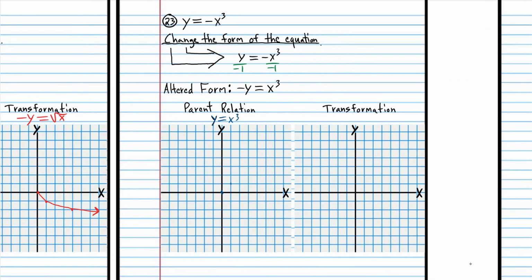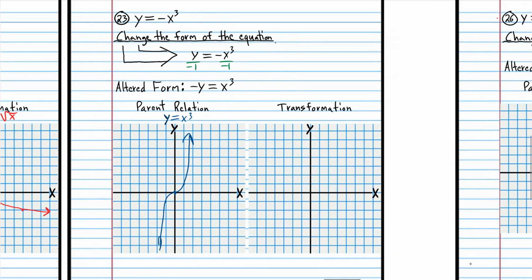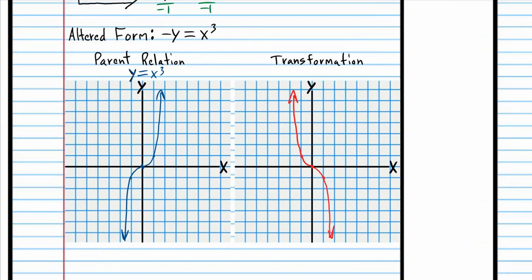We'll draw the parent graph, and then we're going to reflect across the x-axis. So we're going to use red just because that's what we typically use for reflection, not that it really matters. And whoops, I forgot to write the equation that we just graphed.